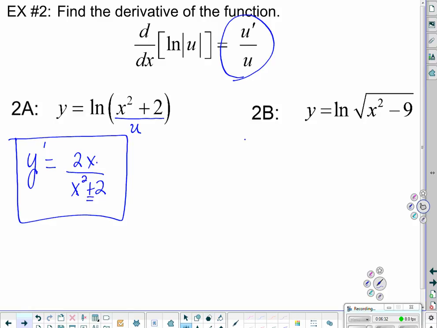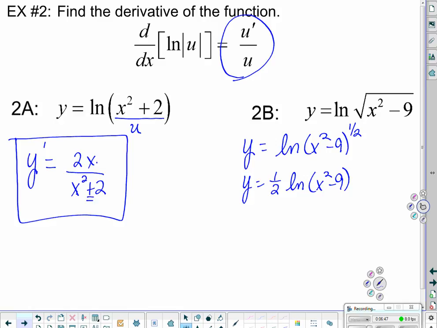Next one, let's rewrite this function as y equals natural log of x squared minus 9 to the 1/2 power. That allows the power rule. We can go 1/2 natural log of x squared minus 9. And the power rule allows us now to take the derivative and just focus in on what the derivative of this would be.